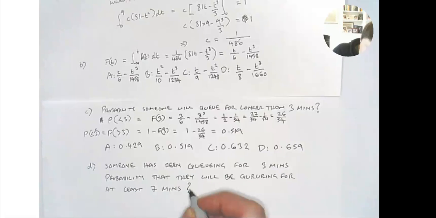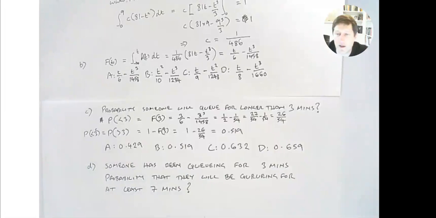What's the probability that they will be queuing for at least 7 minutes, given that we know they've already been queuing for 3 minutes? Can you work that out?